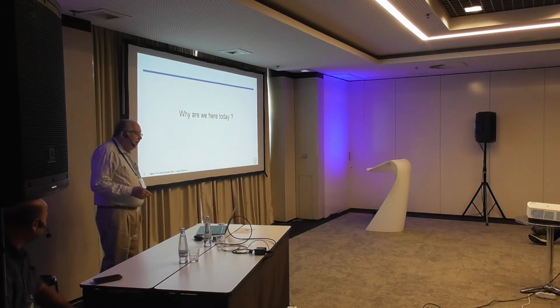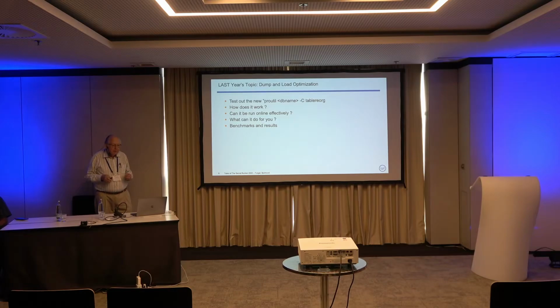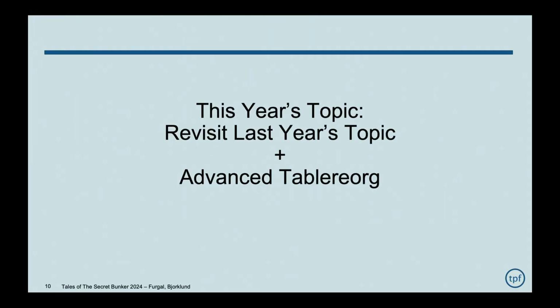So, last year we talked about dump and load optimization, and this was the first time that we had used the table reorg utility. So we talked about that. And this year, we're going to revisit some of last year, and then we're going to have the advanced topics.